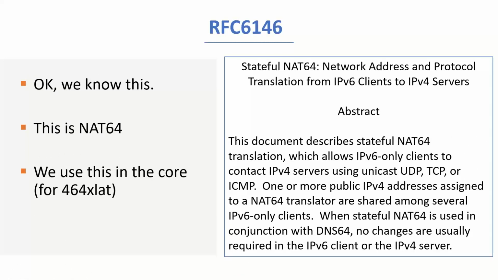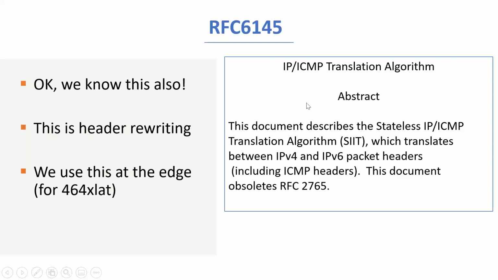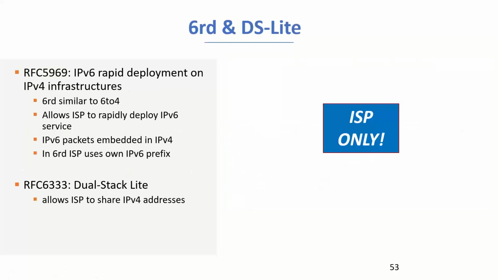I'm not going to talk about this a ton because I don't think most people are there yet. I'll just give you a little overview. Of course, it's going to use stateful NAT64. Remember, we looked at this before. It's going to use SIIT, which we looked at before too. This is the header rewriting stuff.